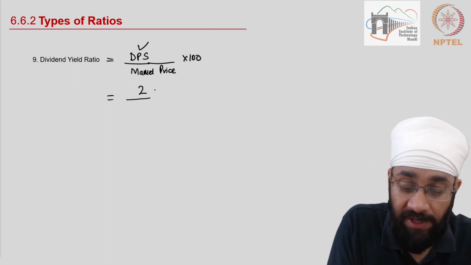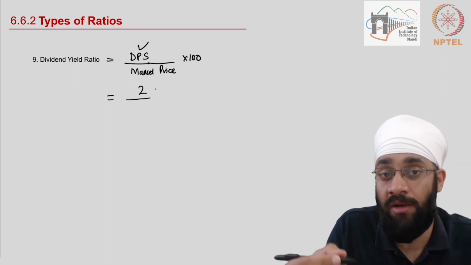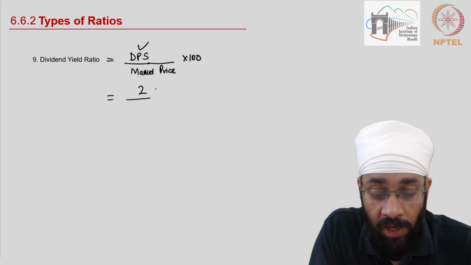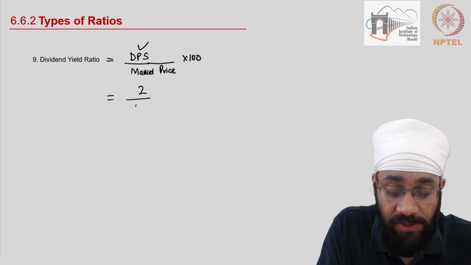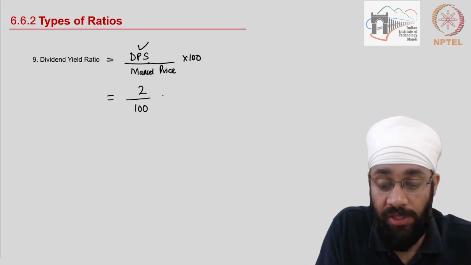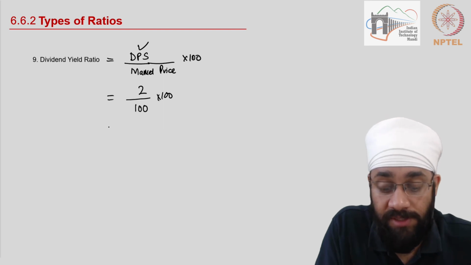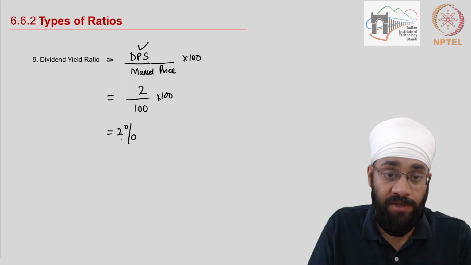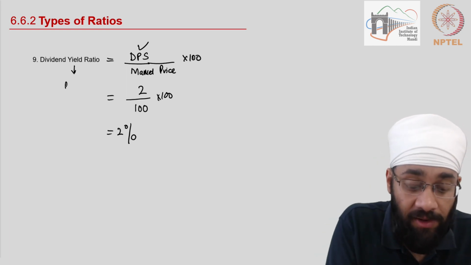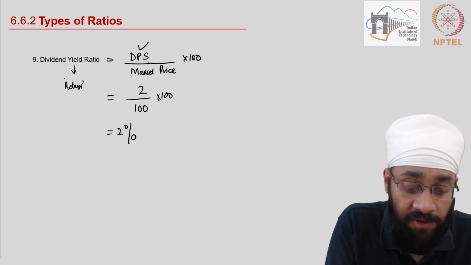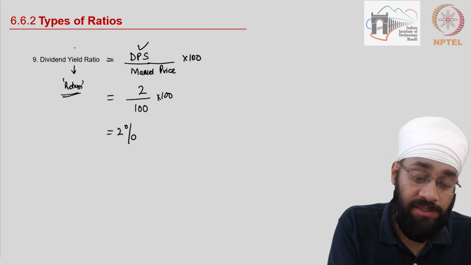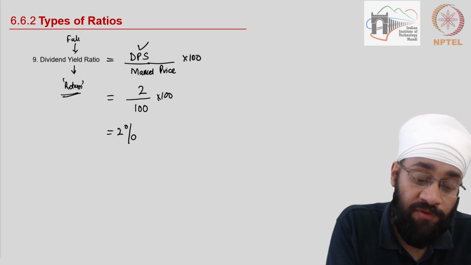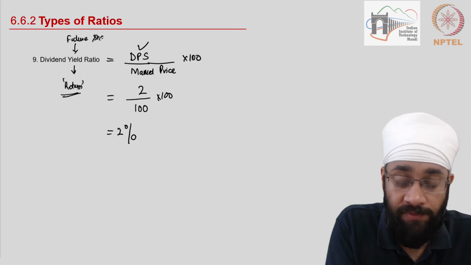You have to divide it by the market price of the share, at whatever time you are. So the market price of the company's share can be 100, which means that the dividend yield ratio is 2%. What is this yield? Yield is another term for return. Now it is from the point of view of future shareholders, future investors.